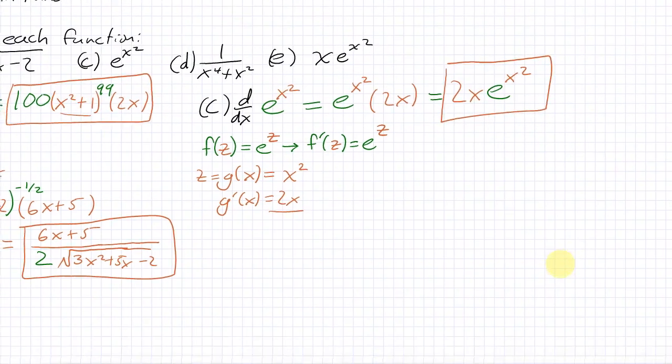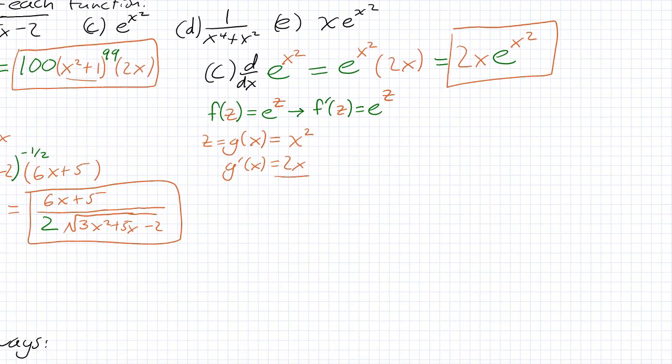Okay, now let's look at part D. We have e to the x squared. So here, the first thing you need to do is see that, oh, that's the one we just did. I'm sorry. Part D is 1 over x to the fourth plus x squared.